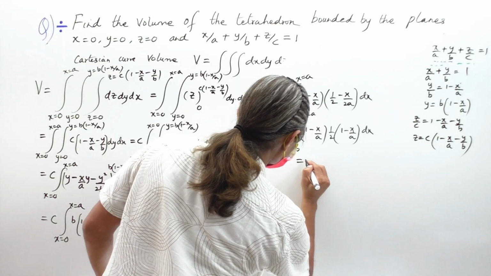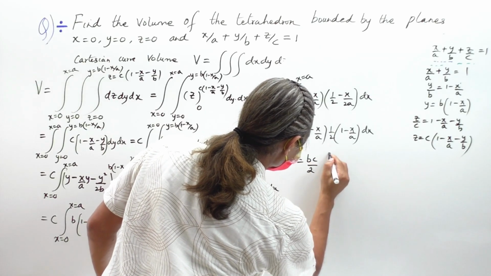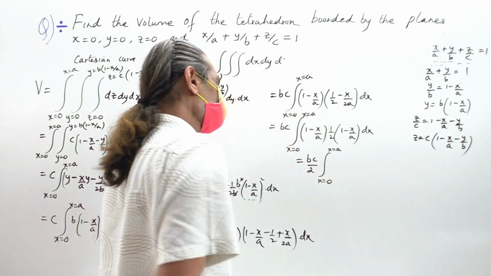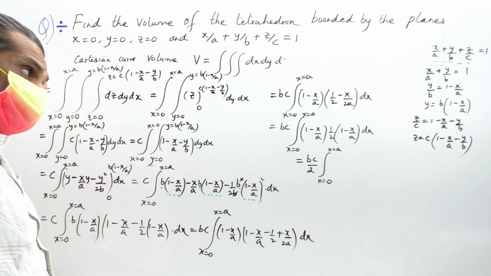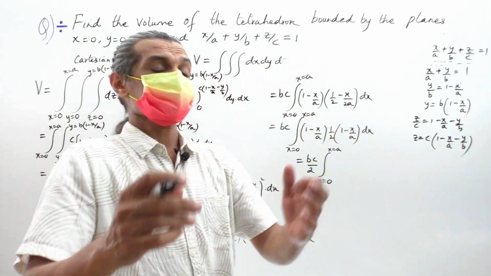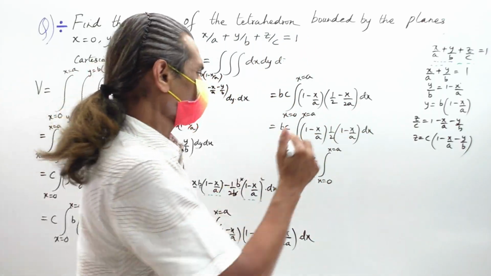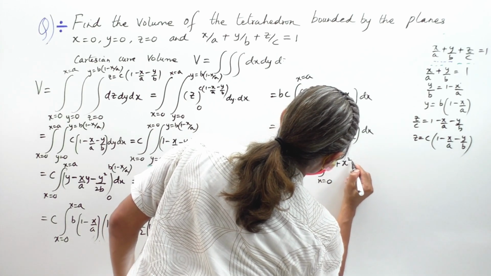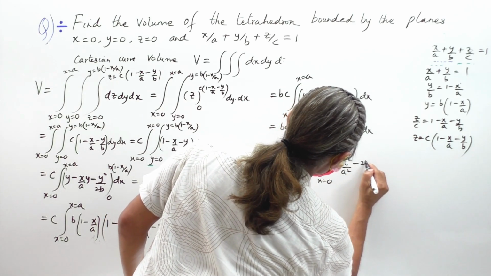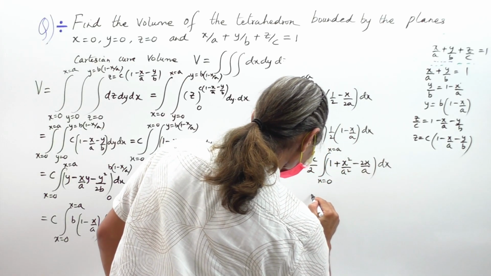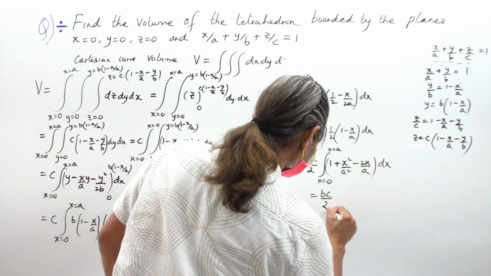So this will be now bx over 2, x is equal to 0 to x is equal to a. So this is 1 minus x over a into 1 minus x over a is 1 minus x by a the whole square. What's that? A minus b the whole square is a square plus b square minus 2ab. So 1 minus x over a the whole square is 1 plus x square over a square minus 2x over a dx. That's it.